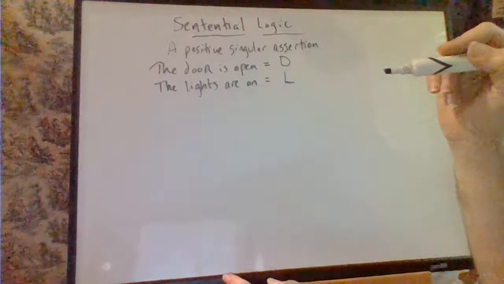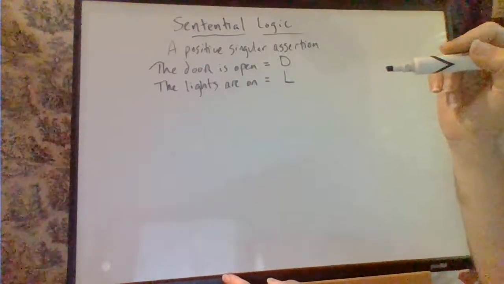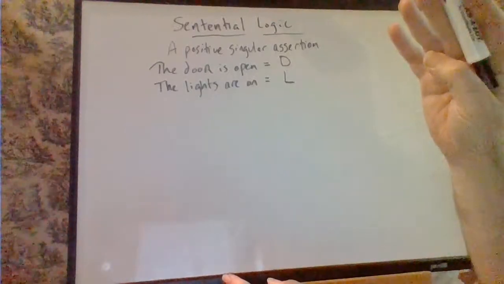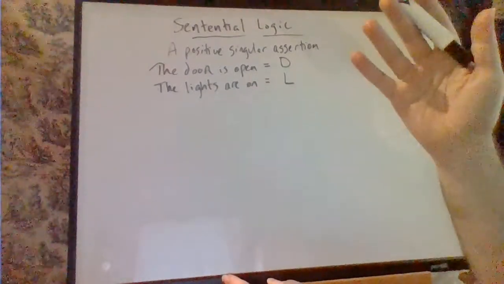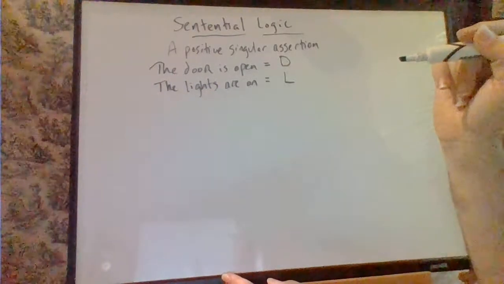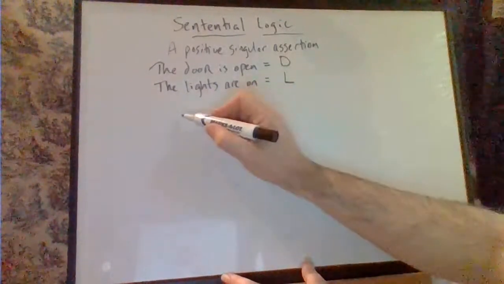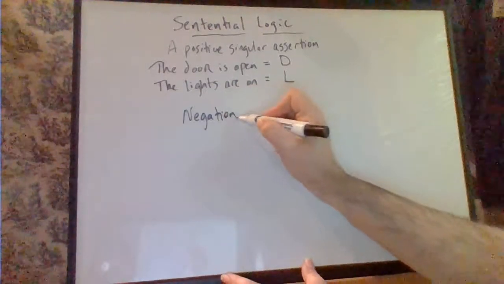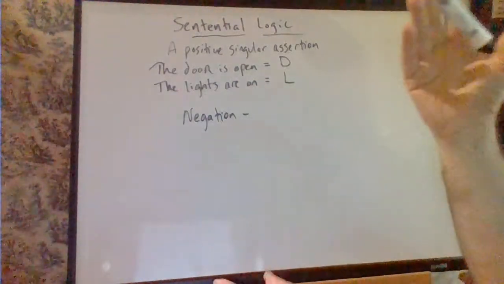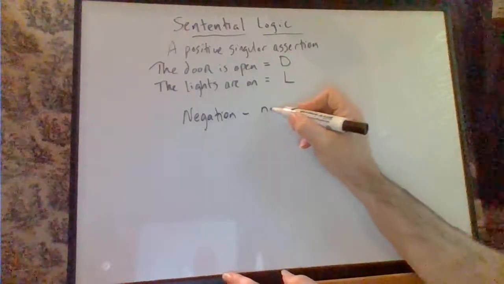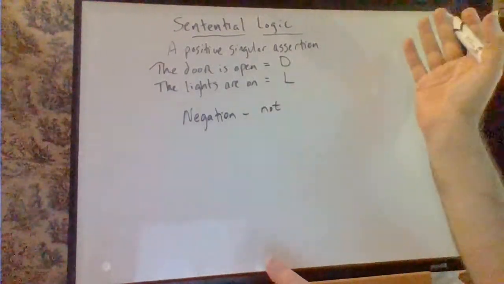In addition to sentence letters, you are going to need to know 5 basic symbols. Actually, your book only uses 4, but there are 5, so I'll give you the other one just so that you have the whole set. The first is a matter of negation. If you want to deny something, to deny a claim, you want to say is not the case.